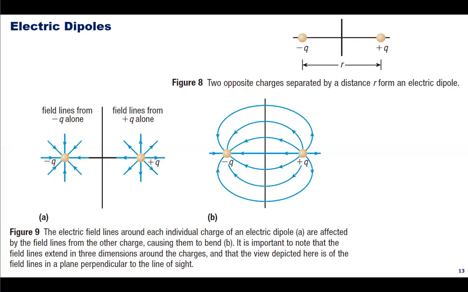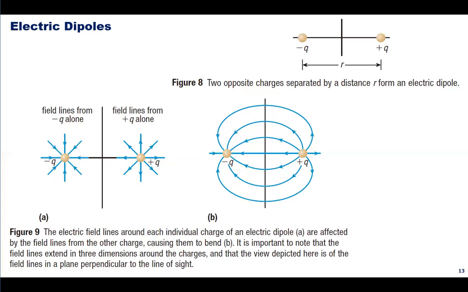The direction of this electric field always points from the positive charge to the negative charge. Although the field lines of a dipole merge at the midpoint, field lines do not cross. Instead, the cumulative effect, or the vector sum of the electric fields from both charges, produces a net electric field. That net electric field is represented by the electric field line.